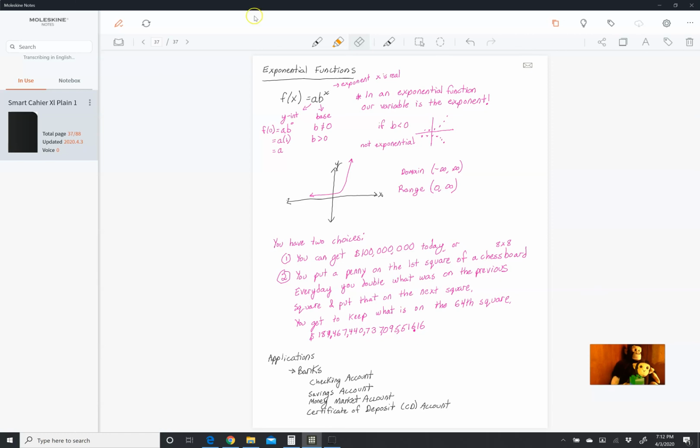And essentially the difference between these accounts, these are the biggest differences. So let's talk about that.